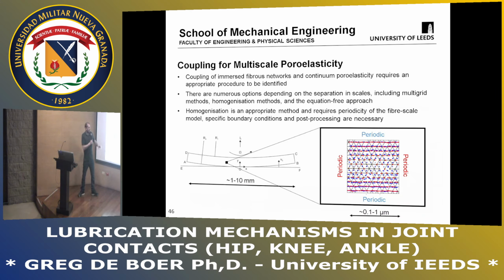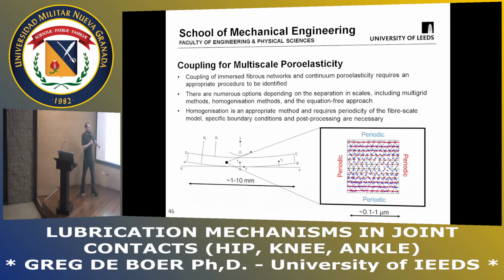But the parameters that drive this model are the same as the outcomes from this. So data has to go here, here, here, here. It's complicated. But we use something called homogenization, which basically averages this periodically repeating simulation and use those to drive the values of this type of problem.